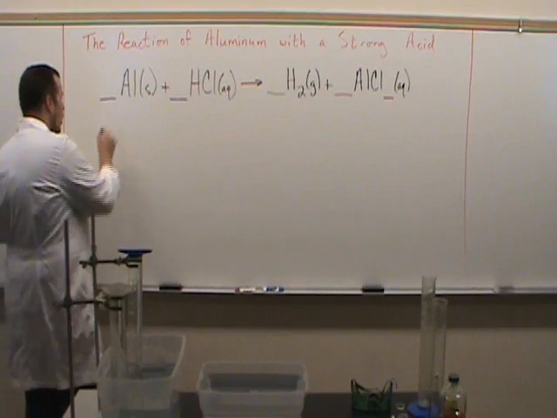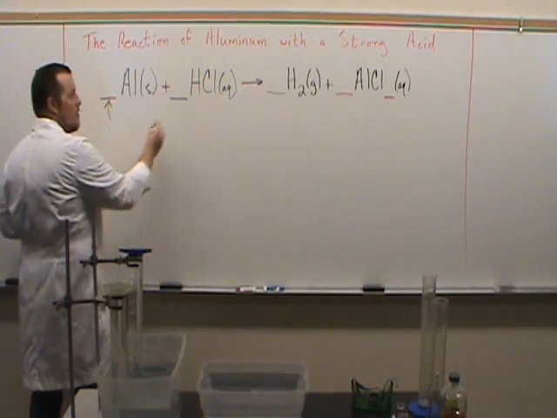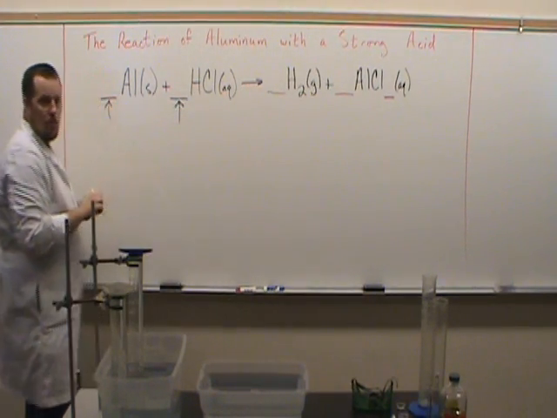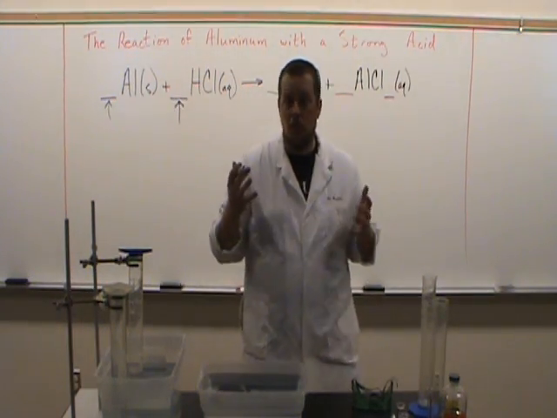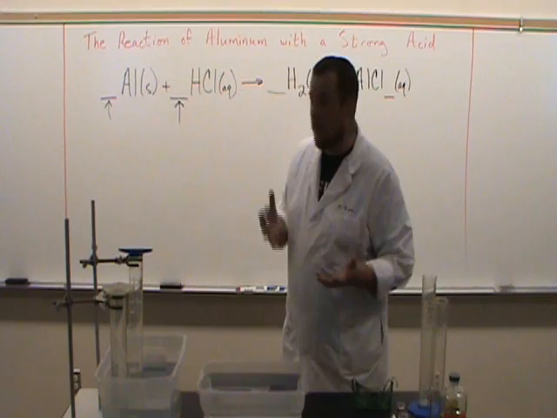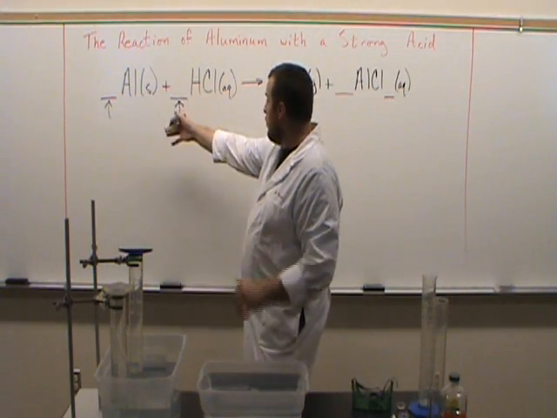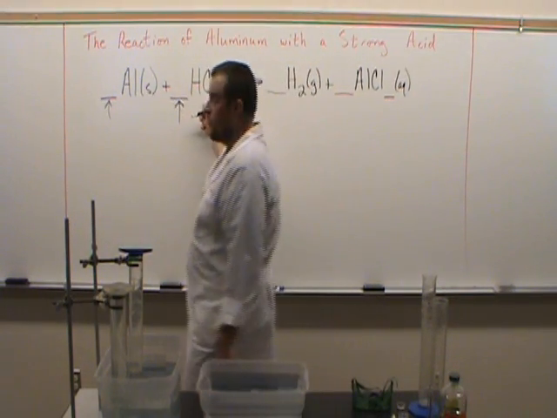Well, first of all, what do these numbers in a balanced equation really represent? Those numbers are just mole ratios, relative number of aluminum per HCl.